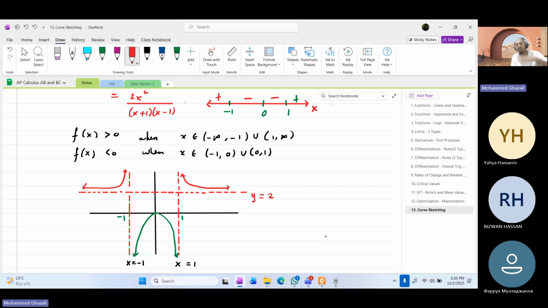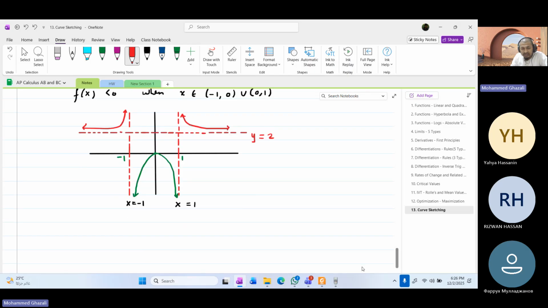So I only used pre-calculus knowledge to sketch this graph. I didn't even use calculus at all. For rational functions, you can use pre-calculus knowledge. You don't need to use derivatives to sketch a graph. Now, let's check this graph for even and odd function.